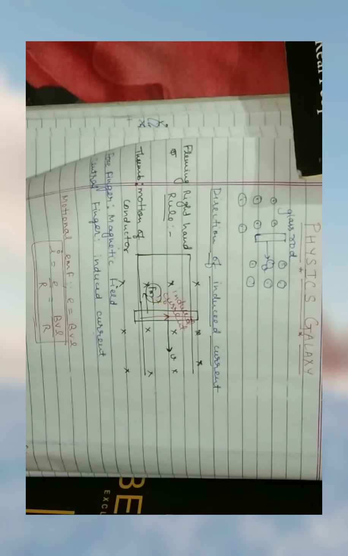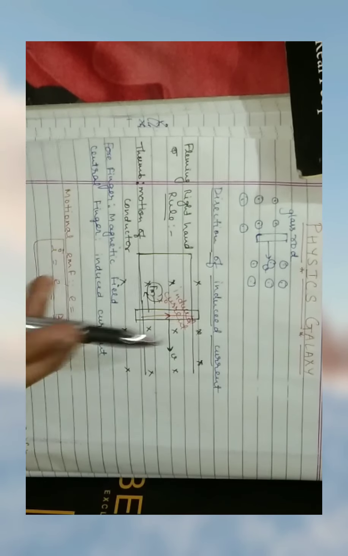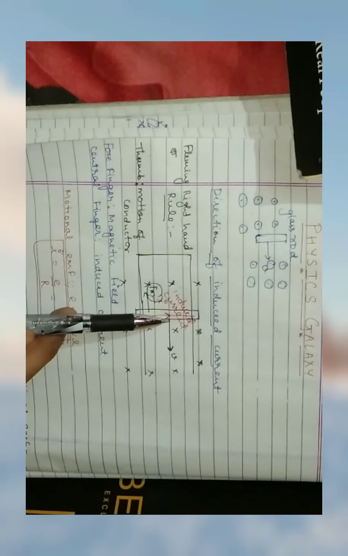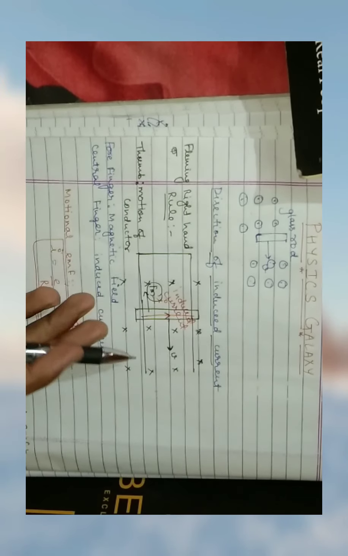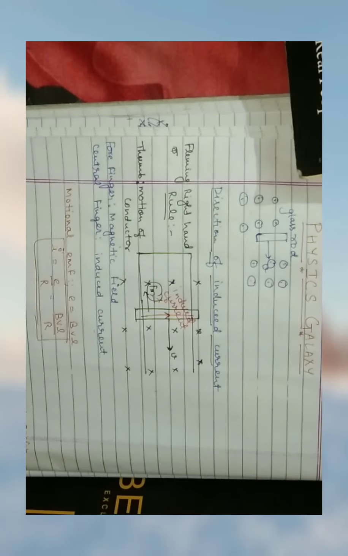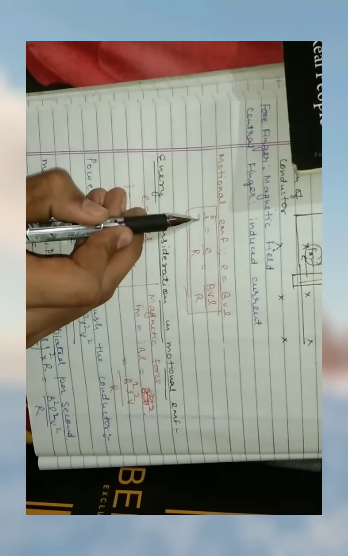You remember? This is a moving conducting rod with velocity v. So if a rod is moving in a magnetic field, the motional EMF is BVL. Then I is E upon R, that is BVL upon R. This is our current.